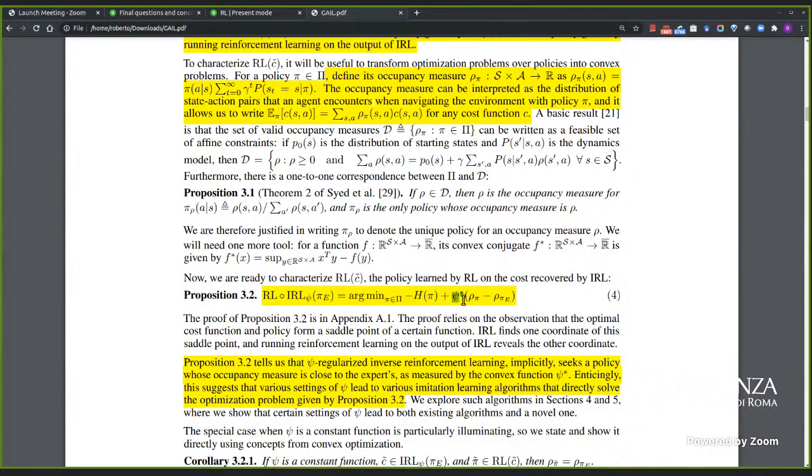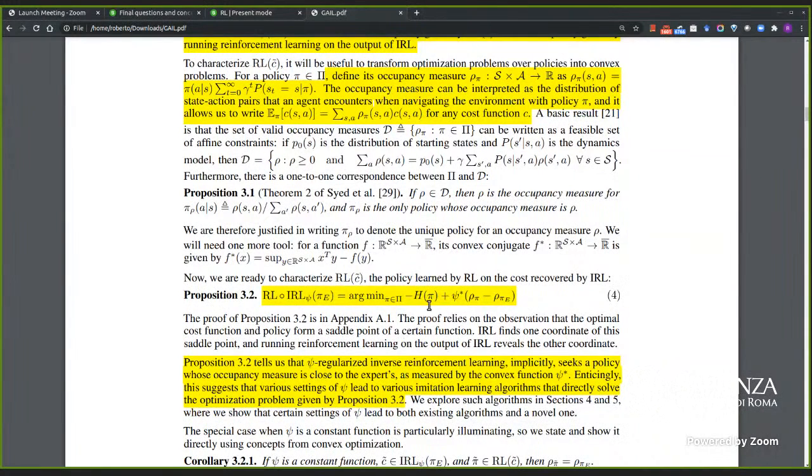And this is the regularization term that they were discussing, which is making the cost function convex. So we're finding a maximum entropy policy which matches as much as possible the occupancy measure of the expert policy.